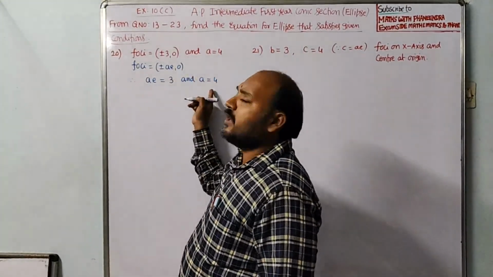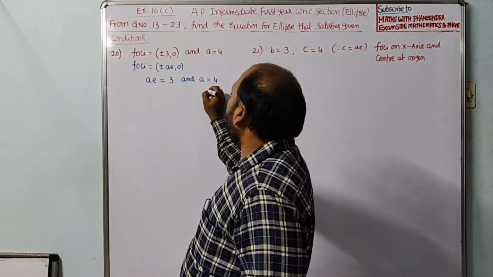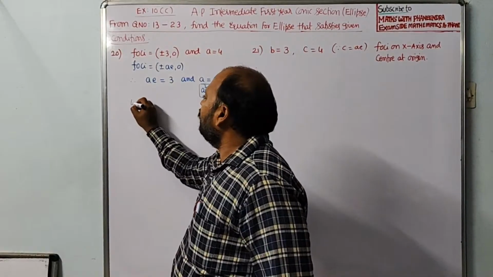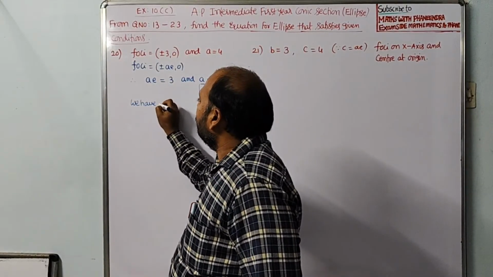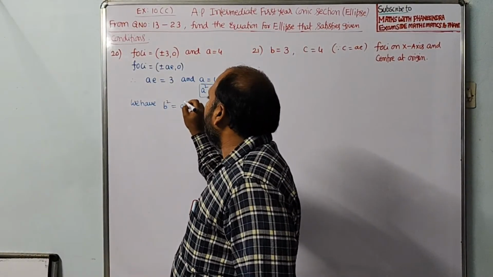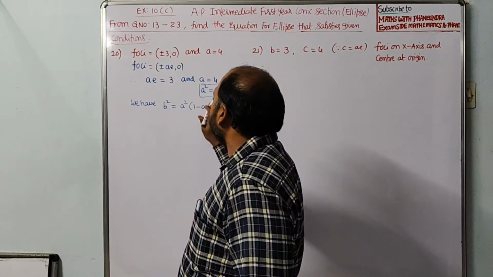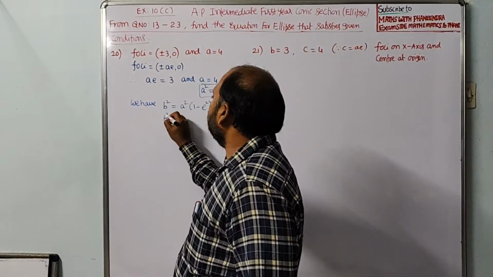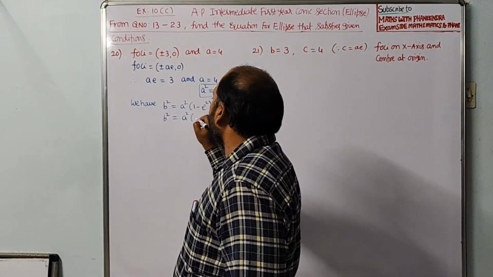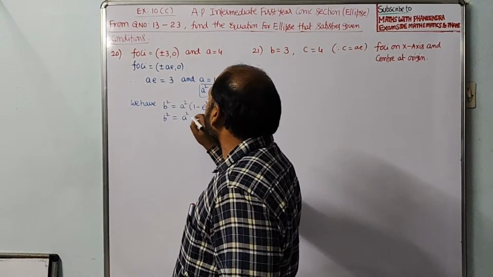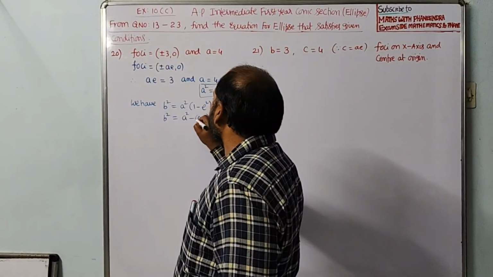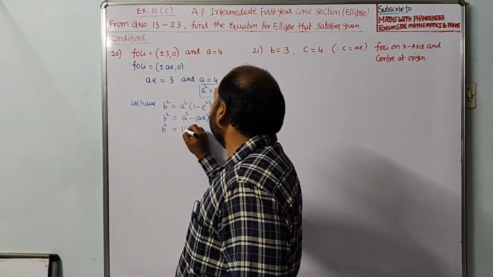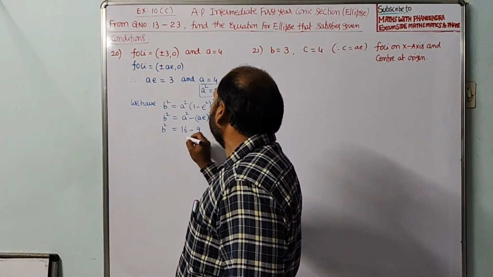Whenever you know A and AE value, you can calculate B square. We have B square equal to A square into 1 minus E square. So B square equal to A square minus A square E square, that means AE whole square. So B square equal to A square, 16, minus AE whole square, 3 square, 9.